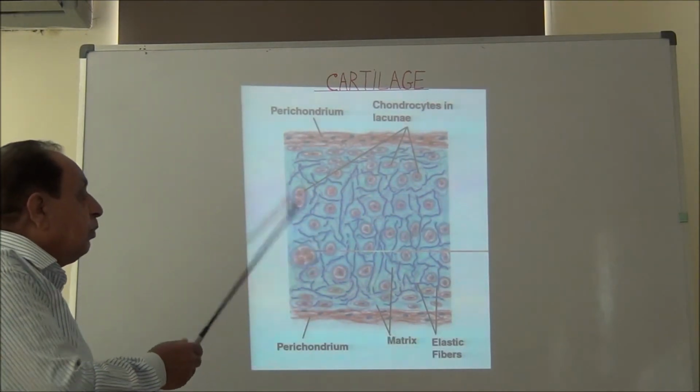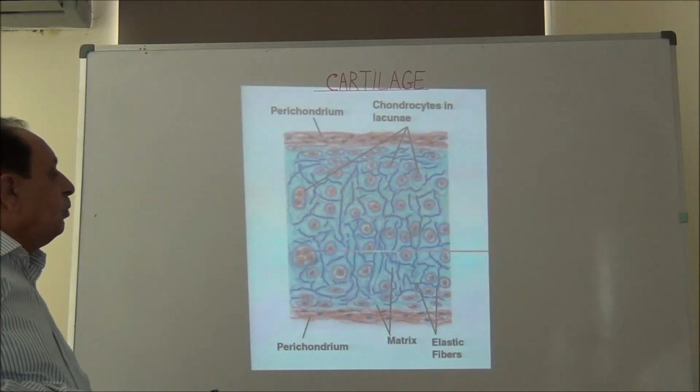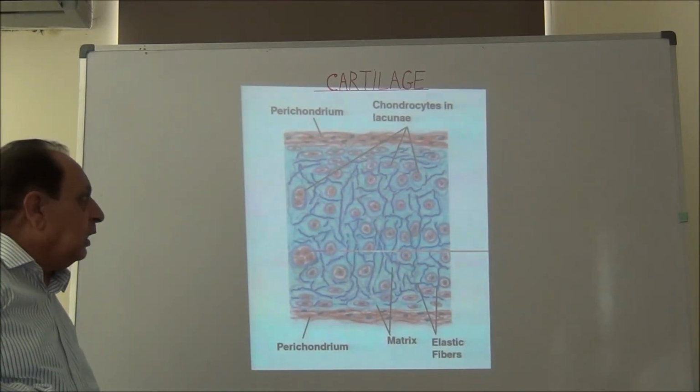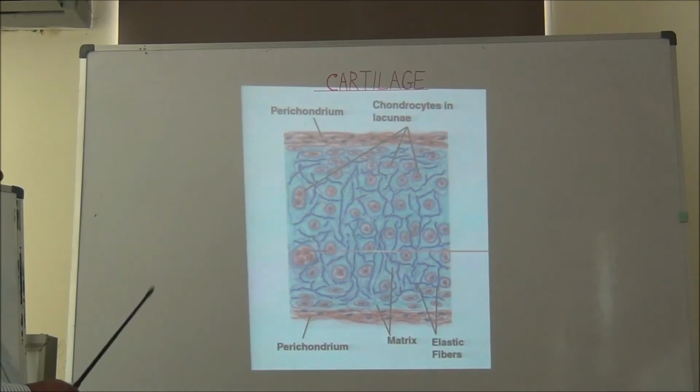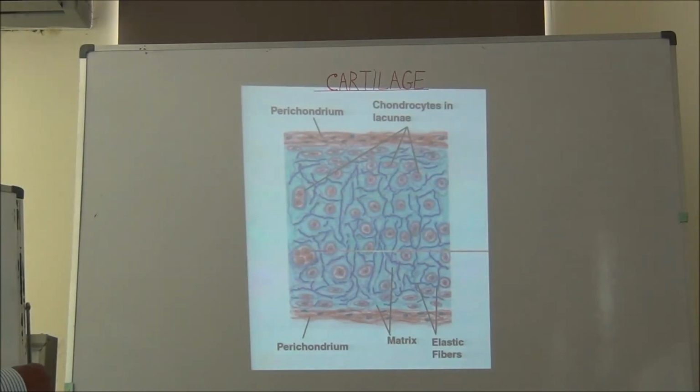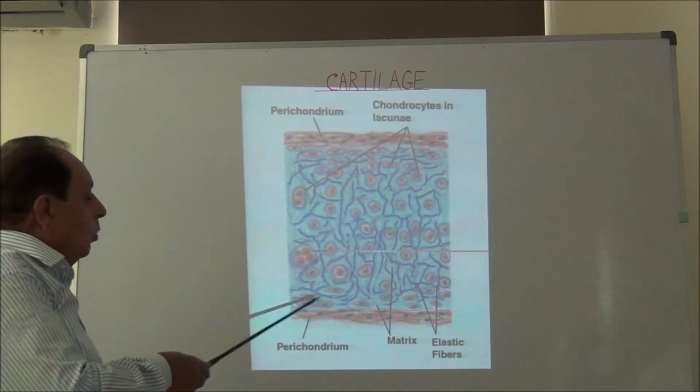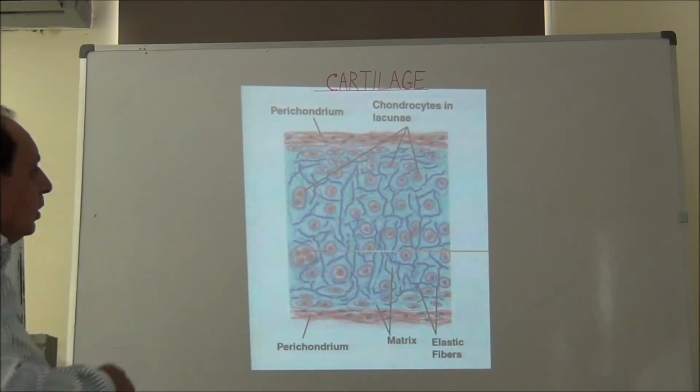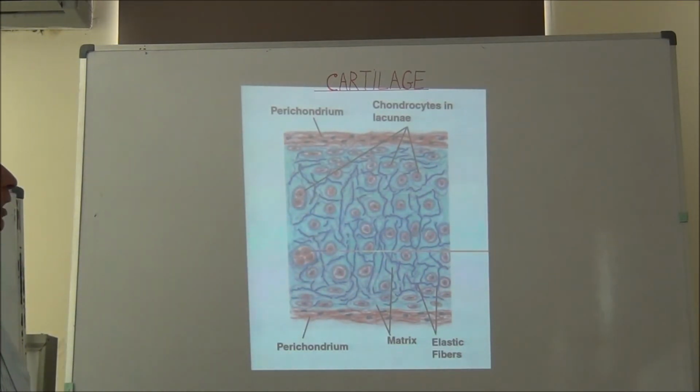This type of cartilage is present in the pinna of the ear, in the inner eustachian tube of the ear, and it is also present in the cuneiform cartilage of the larynx, corniculate cartilage and epiglottis.